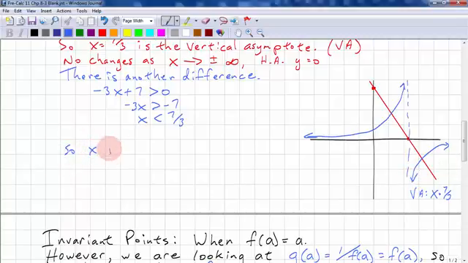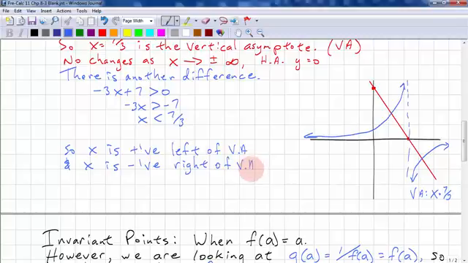So y is positive left of the vertical asymptote, and y is negative right of the vertical asymptote. And our domain, x does not equal 7 over 3, and our range, y does not equal 0.